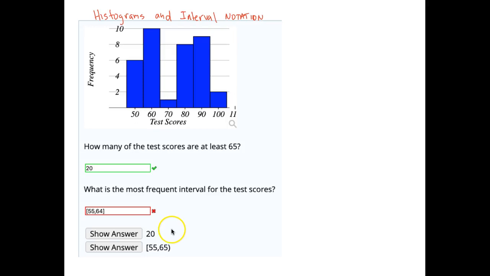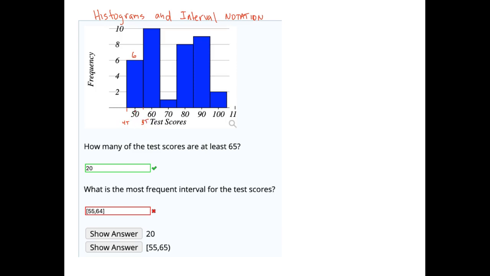We have here a histogram, and a histogram is a graphical representation to display data. Each bar tells a different story. For example, in this first bar here, we have a total of 6 students who scored between 45 and, sorry, 45 and 55.